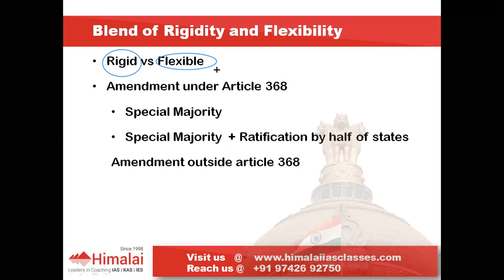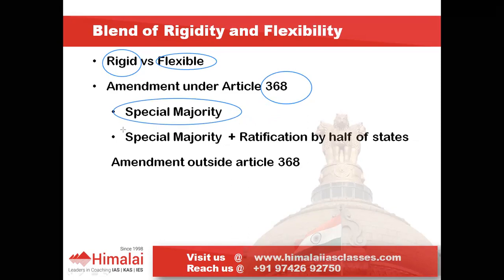Why? Because almost half of the constitution can be amended as per Article 368, which makes it very rigid, because this change needs a special majority in both houses of the parliament, meaning Lok Sabha and Rajya Sabha.